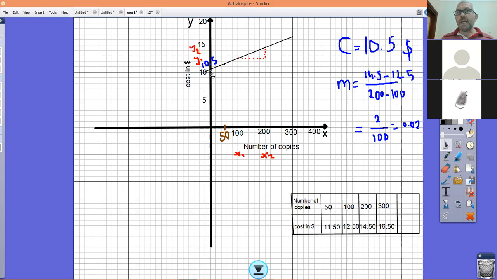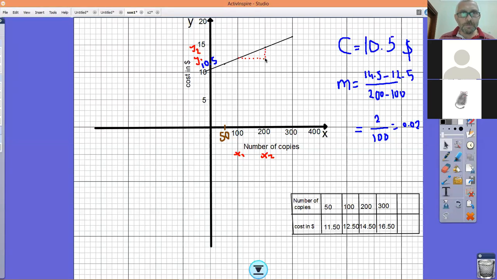For evaluating m, I took the points between 100 and 200. You can take another one, no problem. From here to here is x2 minus x1: 100 is x1, 200 is x2.